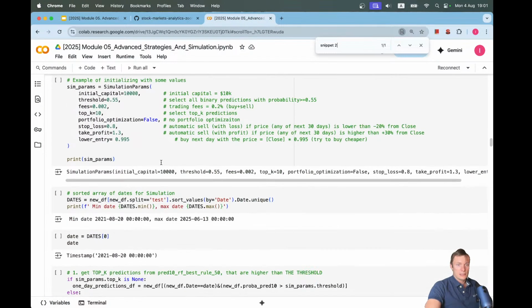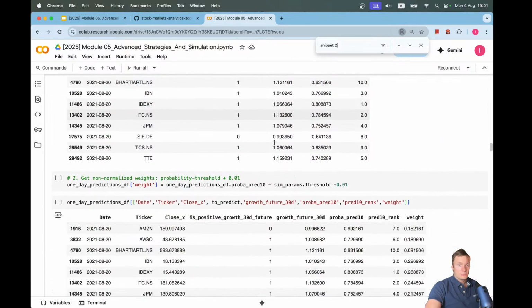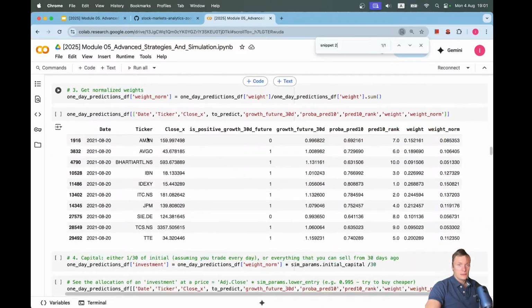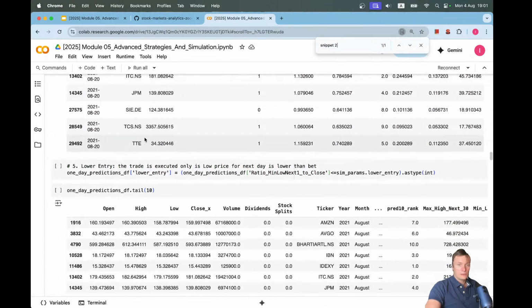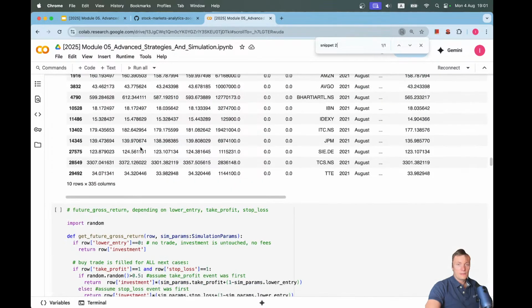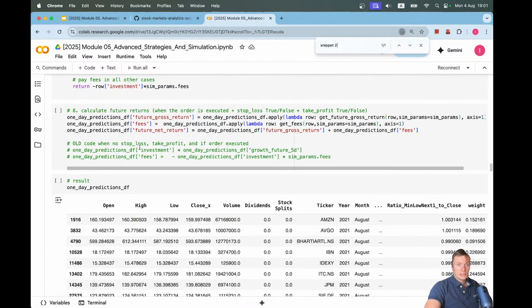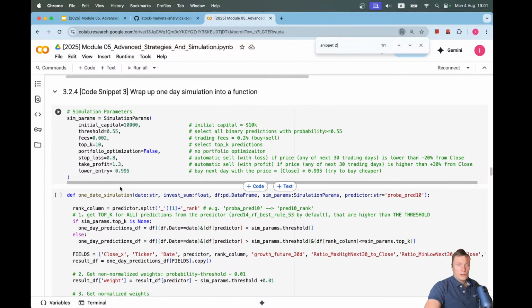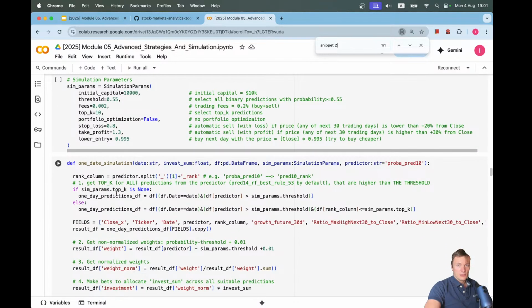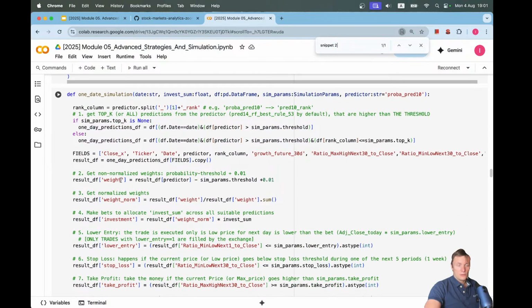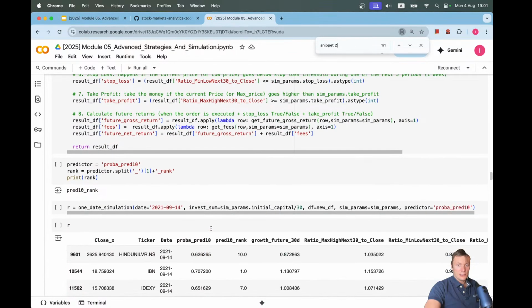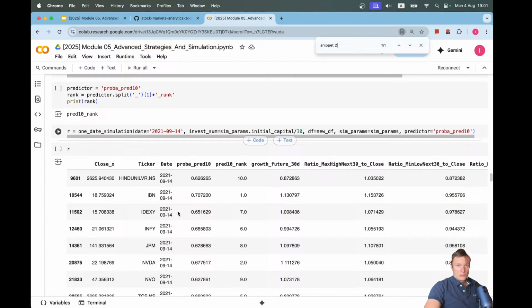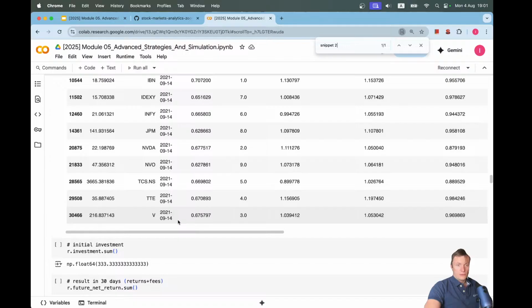It looks like this. So 1 day prediction, you can see where I debug all those predictions step by step, and that's a 1 day simulation function where I do all those steps and calculate returns for 1 day.